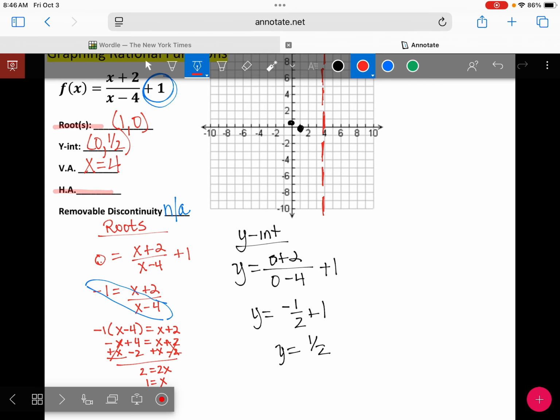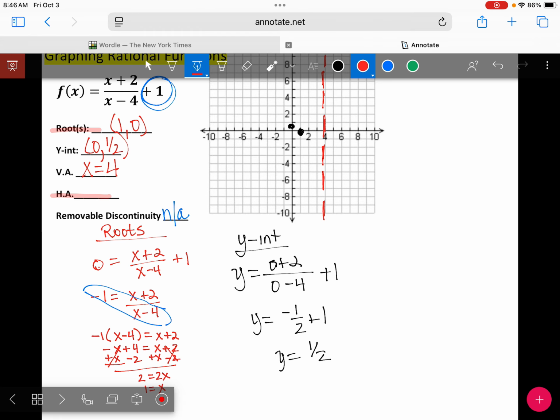And then we also have our horizontal asymptote. So to find our horizontal asymptote, this is balanced. So it's going to be y equals the 1 over 1, but we still have to add that 1. We can't ignore the 1. The 1 changes a lot.